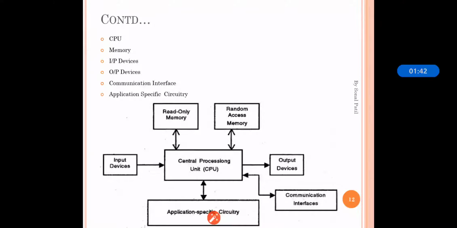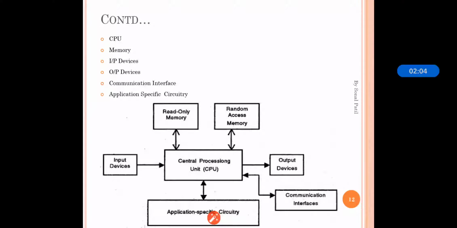The various building blocks of the hardware of an embedded system are the CPU, that is the central processing unit, memory, input devices, output devices, communication interface, and application specific circuitry. The CPU is the central processing unit.